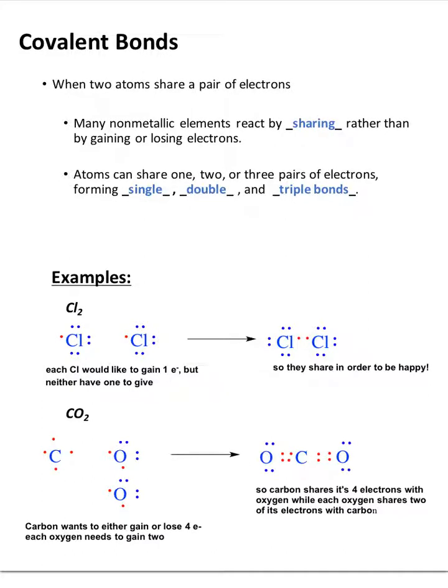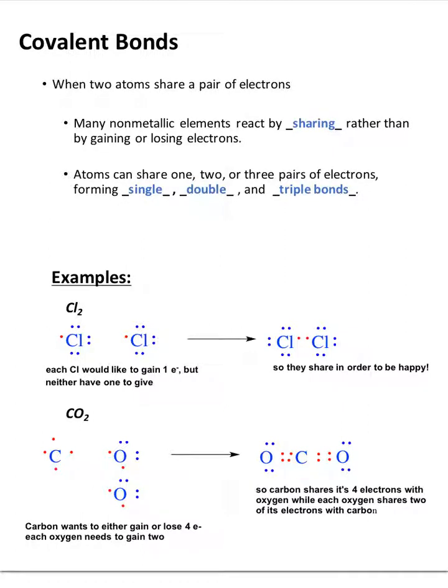If we look at another example, so CO2, for instance, we have a carbon atom that has 4 valence electrons. And so what that's telling us is it either wants to gain or lose 4 electrons. And then we have 2 oxygen atoms, both of which want to gain 2 electrons, so each of them can have their 8. So what ends up happening then, as we put carbon in the center, is carbon is sharing 4 electrons with each of those oxygen atoms.